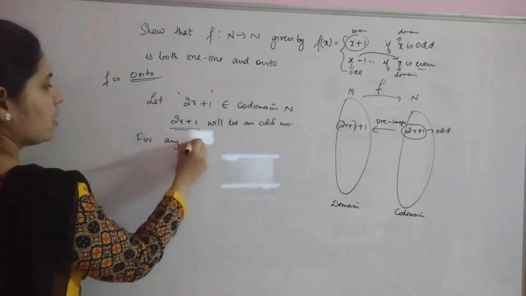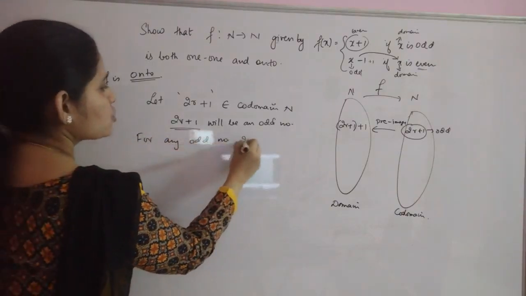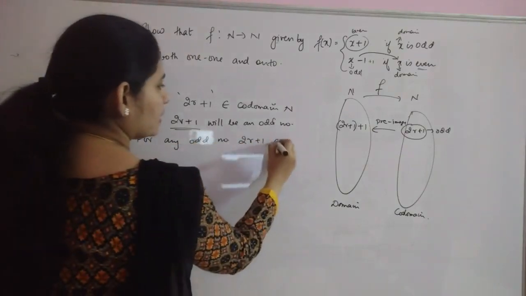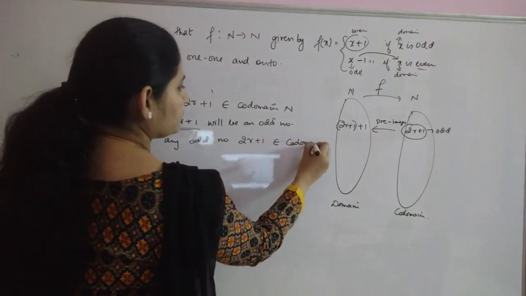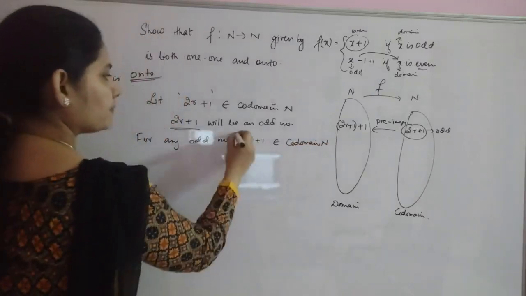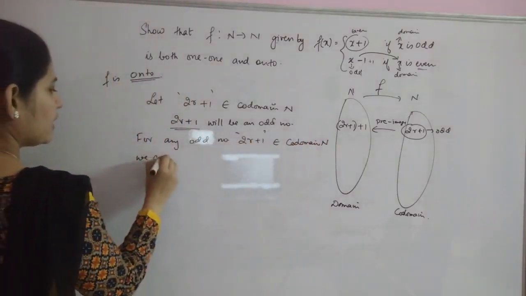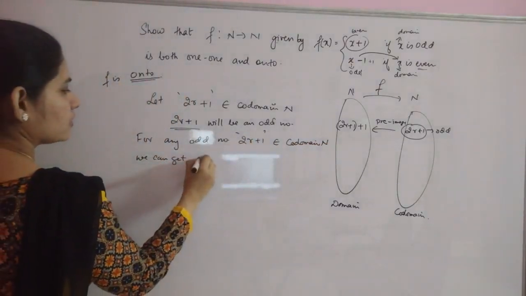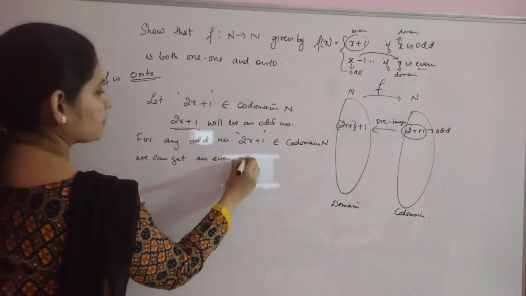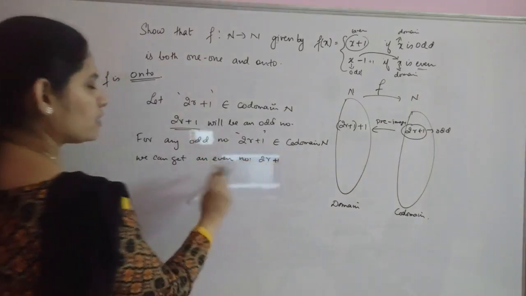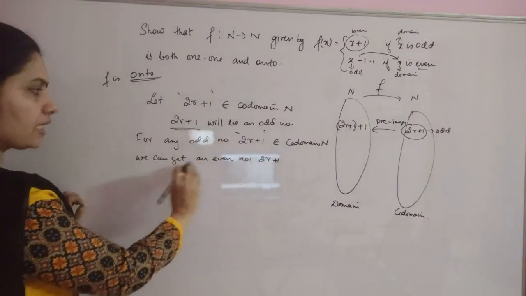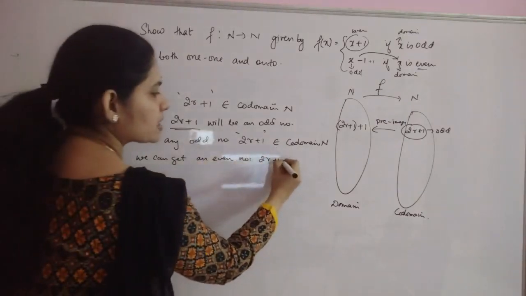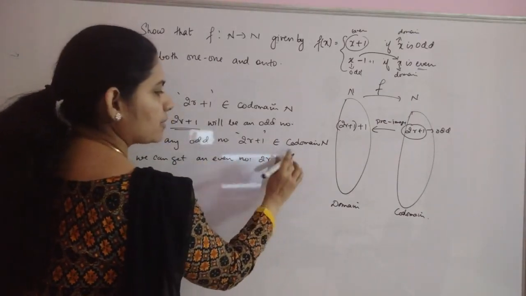So for any odd number 2r plus 1 in the codomain N, we can get an even number, a number of the form 2r plus 1 plus 1. So I will write 2r plus 2.